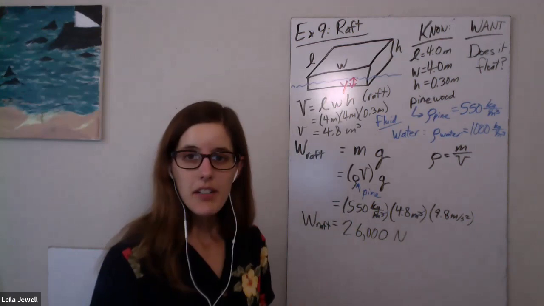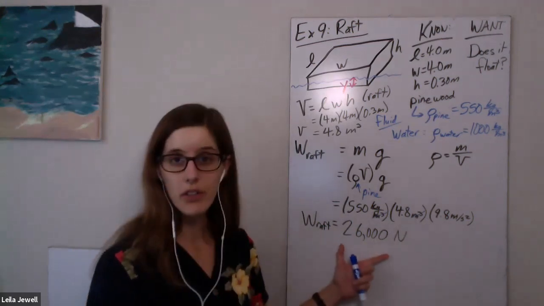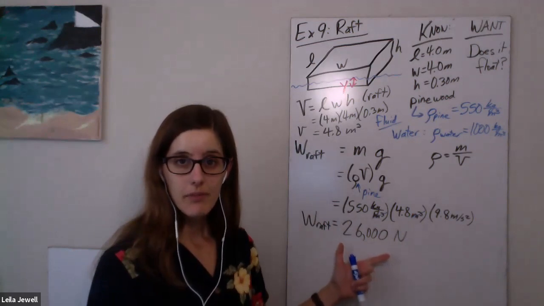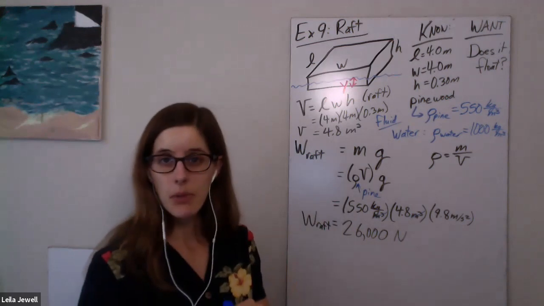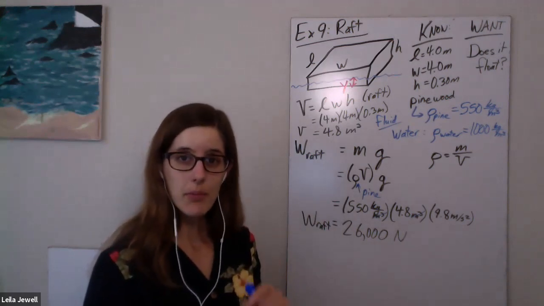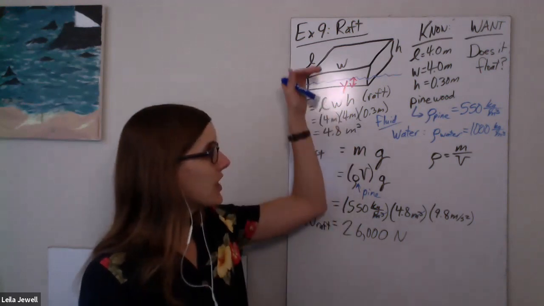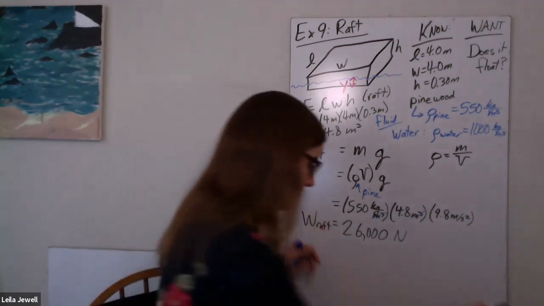So we need to see, can the raft support, or can the water support this weight of the raft? So to do that, we can figure out the maximum buoyant force possible. The maximum buoyant force possible is going to be if the entire raft is submerged, right? That's displacing the most amount of fluid.